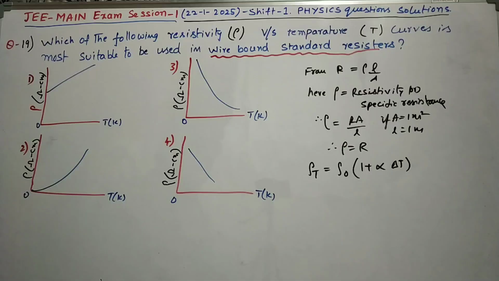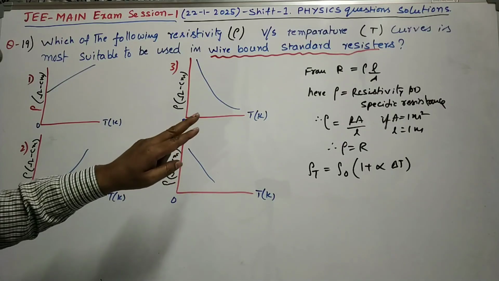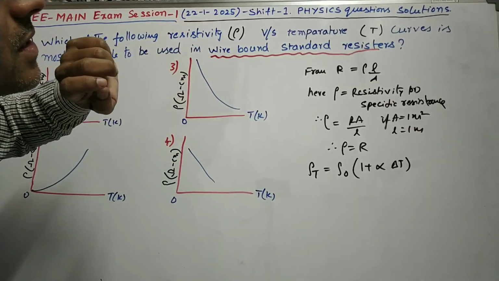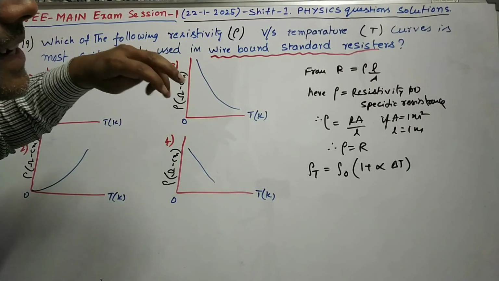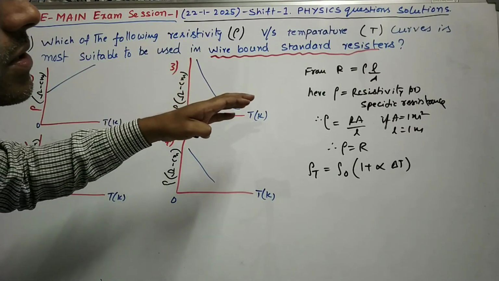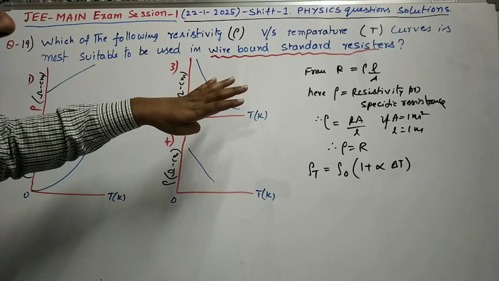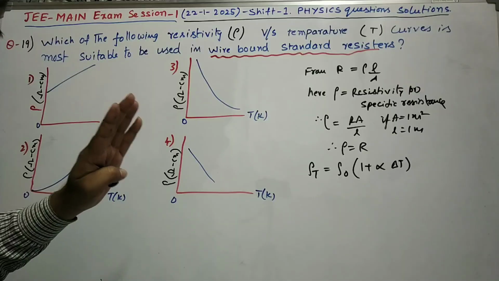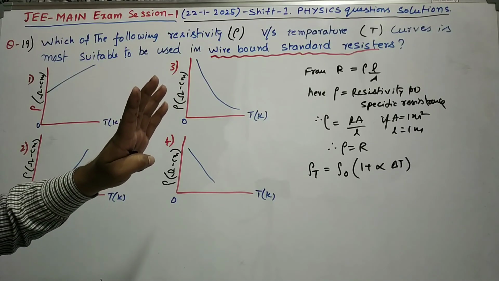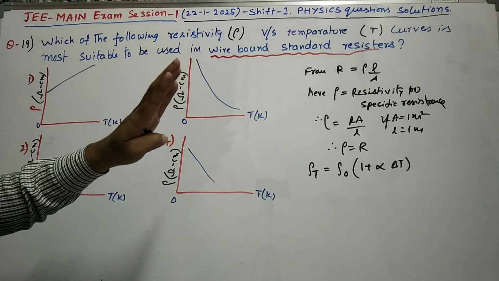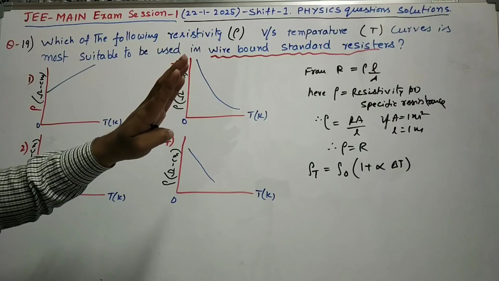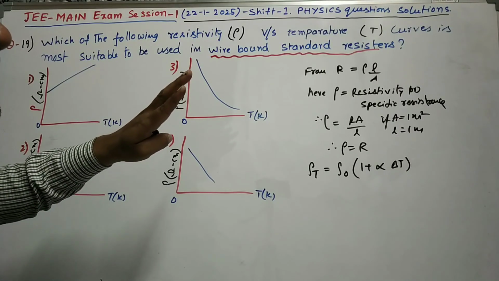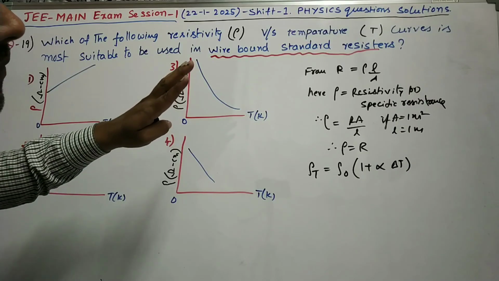Now, wire bound standard resistors are resistors whose resistivity or specific resistance does not change with temperature. Exactly, this is not followed by any material, but alloys like nichrome and manganese do not change their resistivity much with temperature.